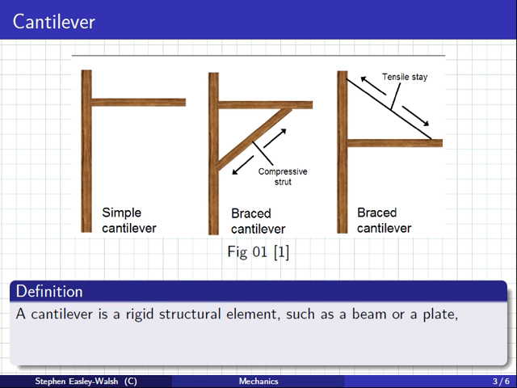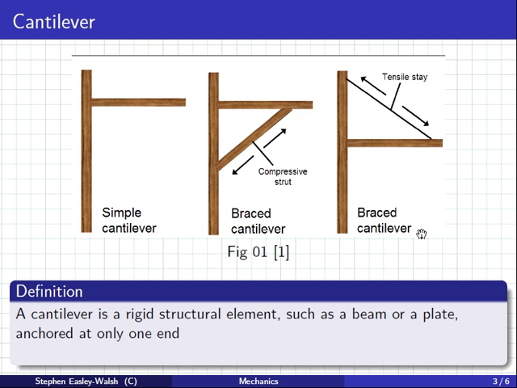This is like a beam or a plate. So for a cantilever, it might be attached to the wall like this. So this is kind of like a cantilever, but it's not really because it's not stuck to the wall. That's a beam or a plate.